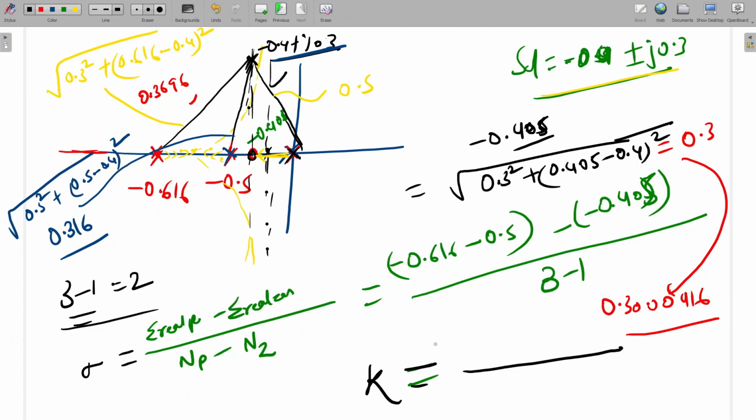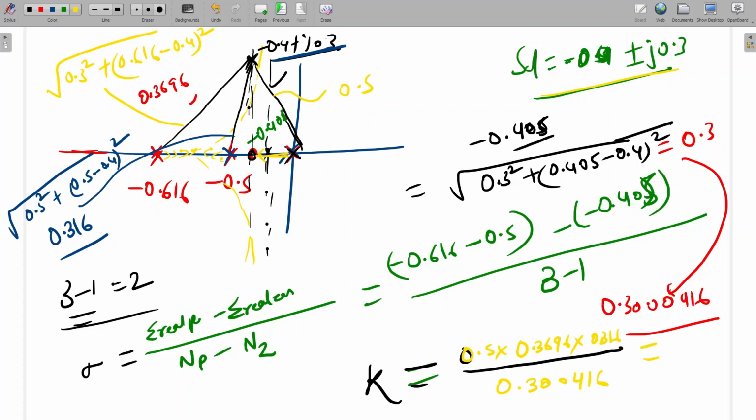So 0.5 into 0.3696 into 0.316 divided by 0.300416.